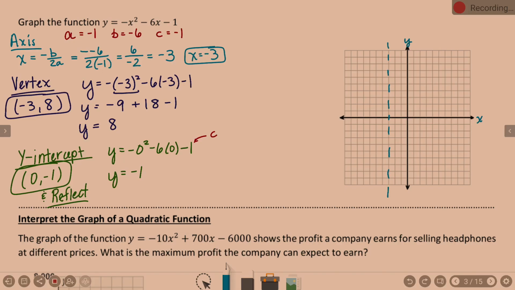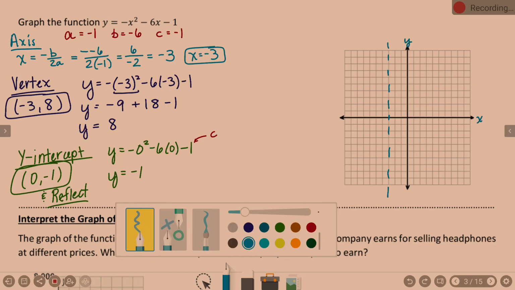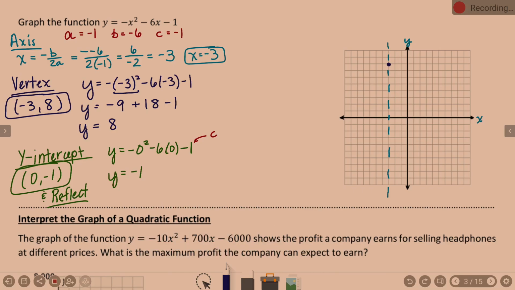It would not surprise me at all if you have to graph the axis of symmetry today. So just beware. Vertex. Vertex is negative 3, 8. If your vertex is not on your axis of symmetry, I don't know what you're doing. Vertex has to be on axis of symmetry. It's the only thing that's logical there.